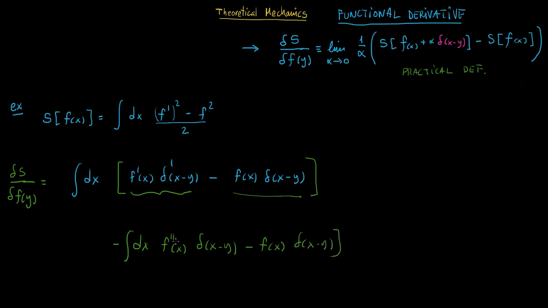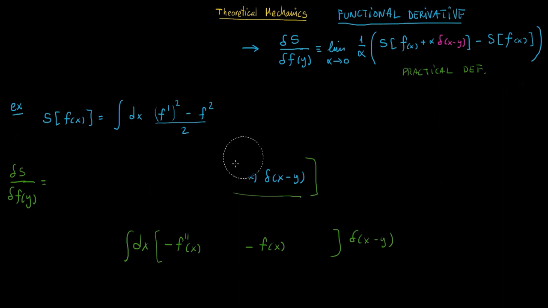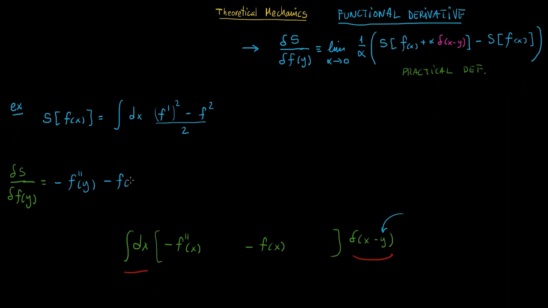We can factor out delta of x minus y. Sorry, this minus is only adding to this f prime prime. Okay, so finally this delta with this integral cancels out, so we finally have f prime prime of y, because of this y, minus f of y.